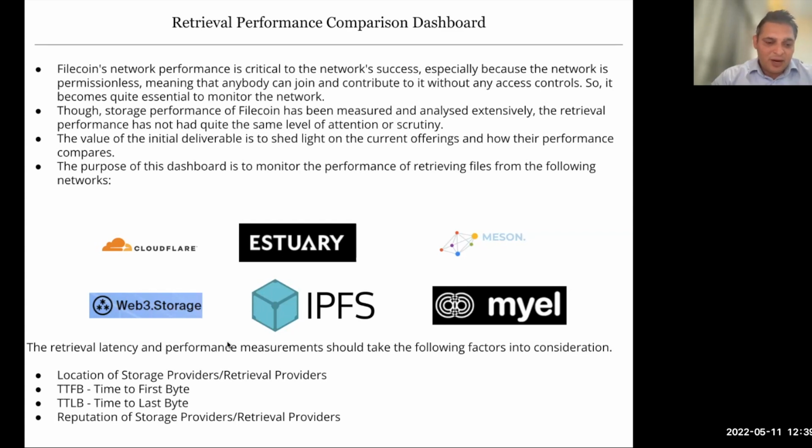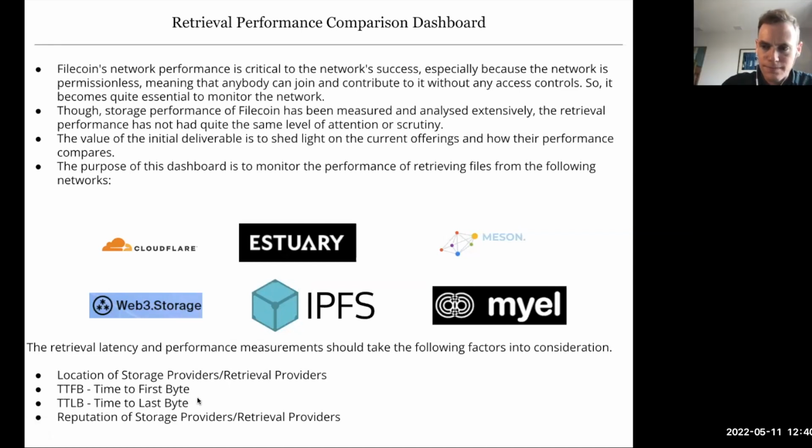Let's say I, as a user, try to fetch the file from one of the networks, let's say Meson or Mail: how much time does it take to fetch the first byte, and then what is the overall time it takes to download that file using the CID. And TTLB, which is time to last byte.